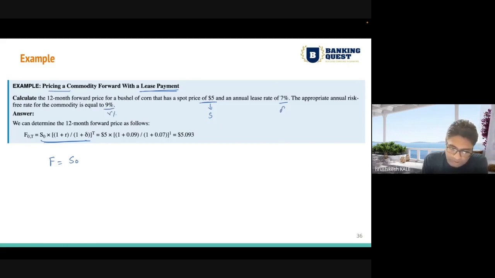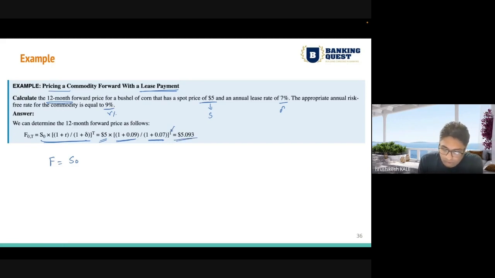So small r is given. Now, S0 into 1 plus r, so 1.09. $5 into 1.09 divided by 1.07, raised to power 1. Why? Because it's 12 months, and this will always be in years. So you got 5.093.